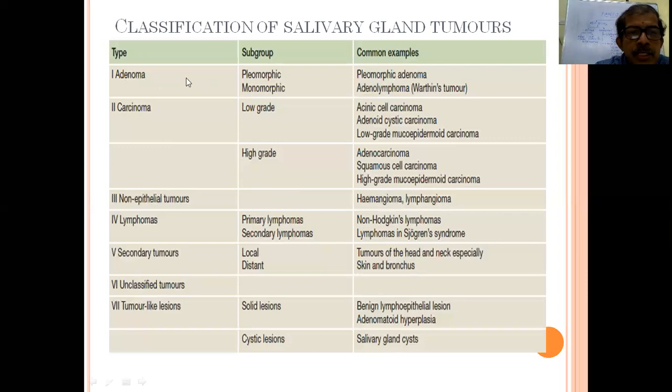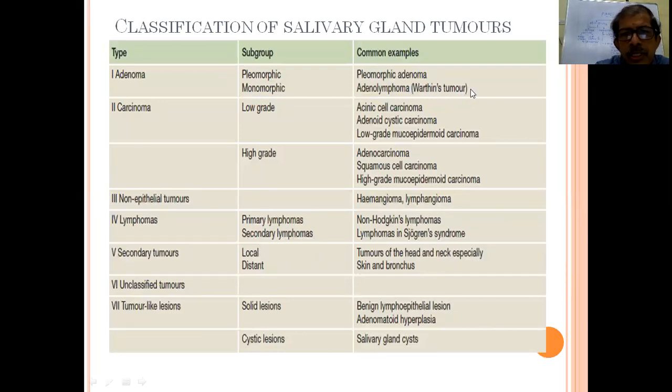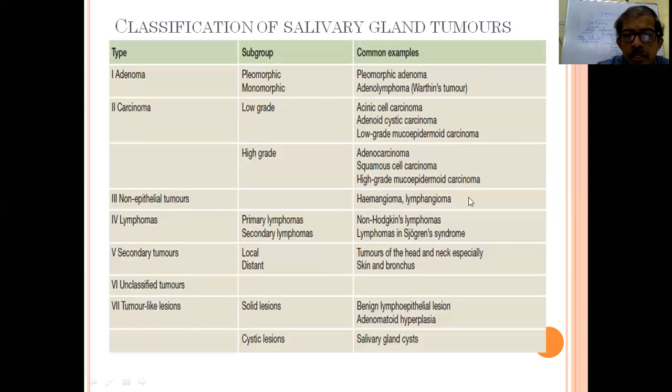Adenomas, that is benign epithelial tumors, are monomorphic or pleomorphic. For monomorphic, the example you can give is Warthin's tumor, that is peculiar to the parotid, right? Then carcinoma, of course, low grade and high grade. Then non-epithelial, benign hemangioma, lymphangioma, whereas the corresponding malignant sarcomas are there.